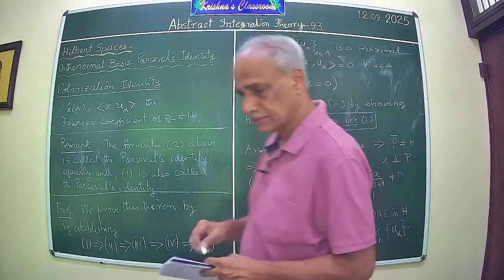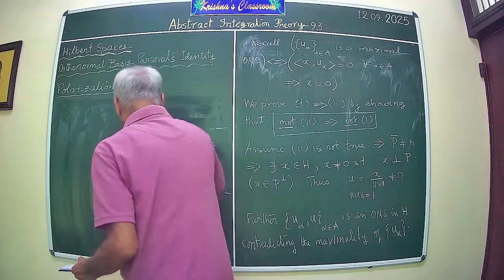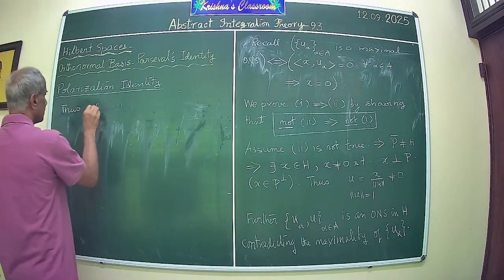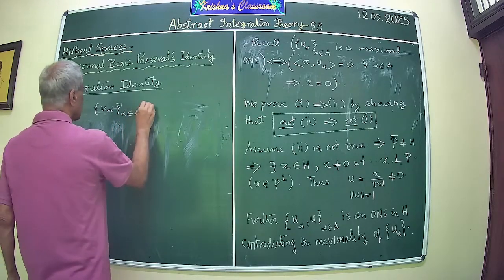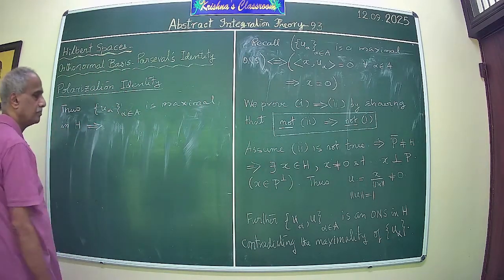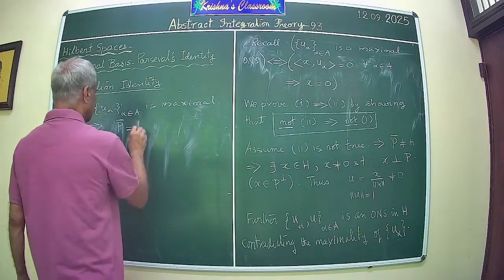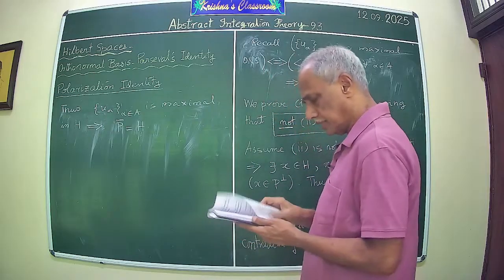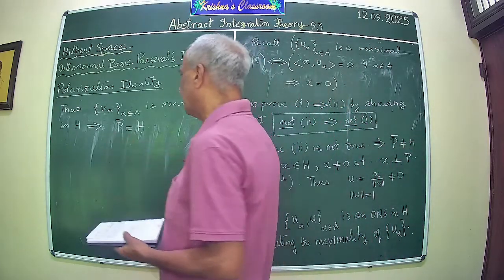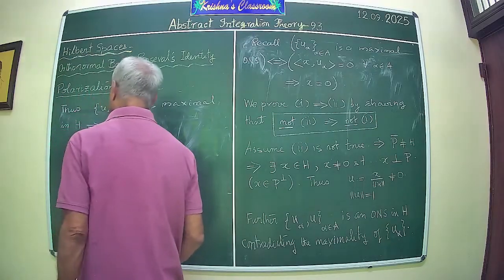Thus, maximally H implies the closure of the span equal to H. That is, the set of all finite linear combinations of U alpha is dense in H. So that completes the proof of 1 implies 2.